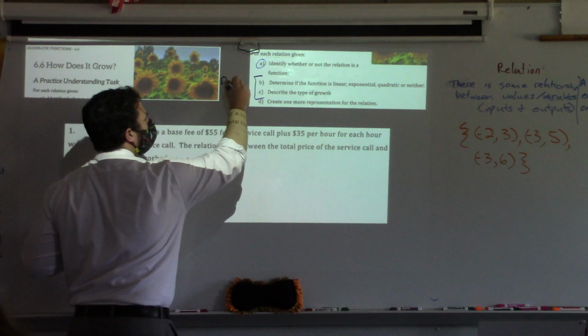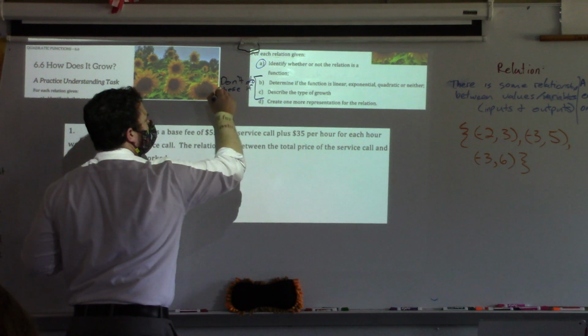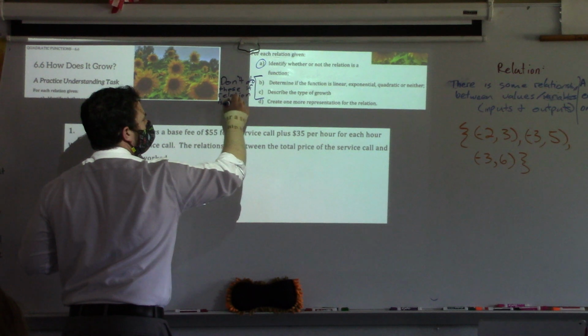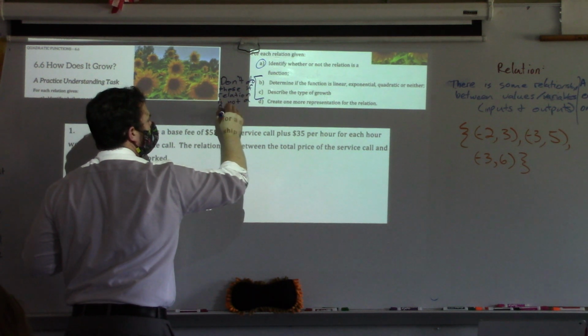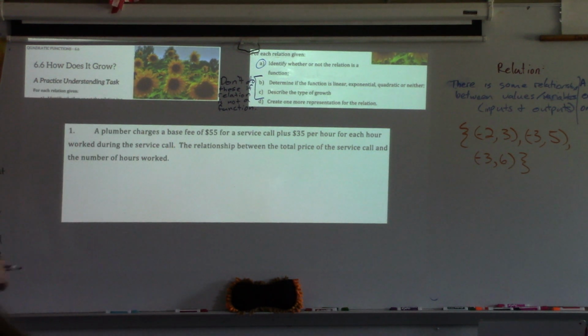So don't do these if the relation is not a function. But you should be able to determine if the function is linear, exponential, quadratic, or neither, right? So you should be able to figure out which of those four things is true, based on the graphical, the tabular, the algebraic, or even pictorial representation that is there.